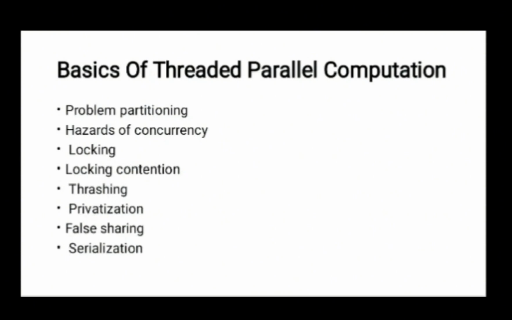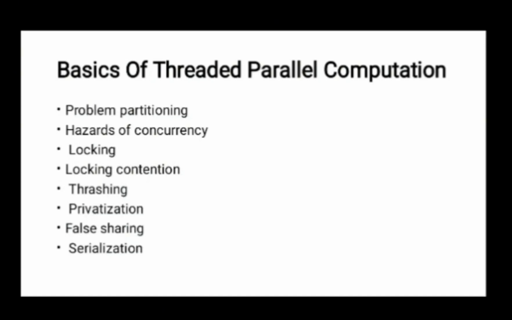So before looking at those basics, let me take you a little through the key terms. Let me see the thread. So a thread is just basically a single unit of execution within a program.